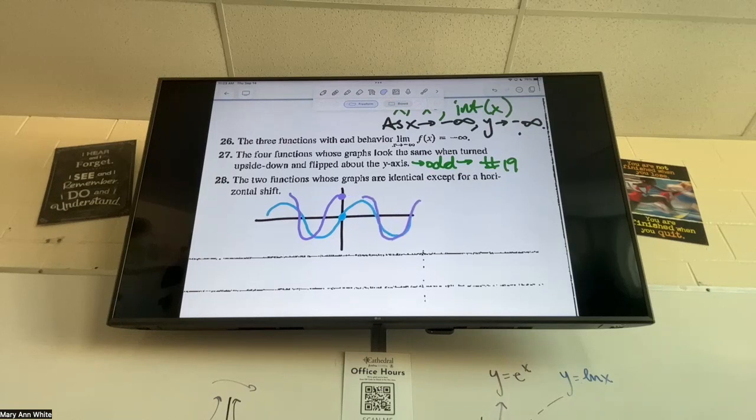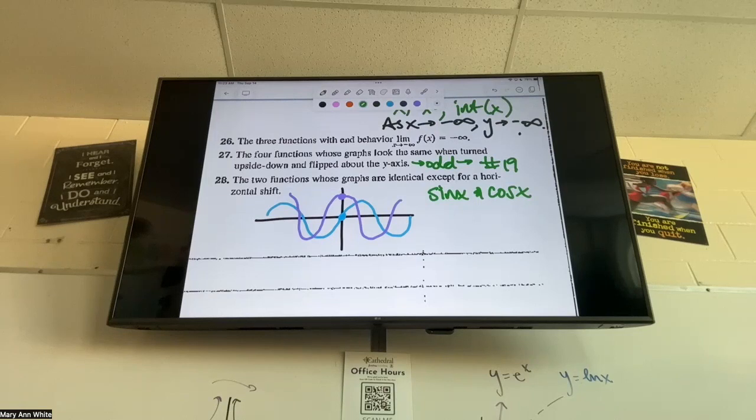I'm just trying to sketch it, so it doesn't look exactly the same, but that is something we're going to talk about more in the next couple chapters. Sine and cosine are identical graphs, except they're shifted horizontally. Okay, how are we doing? I just hope that helps us organize our BFF thoughts.